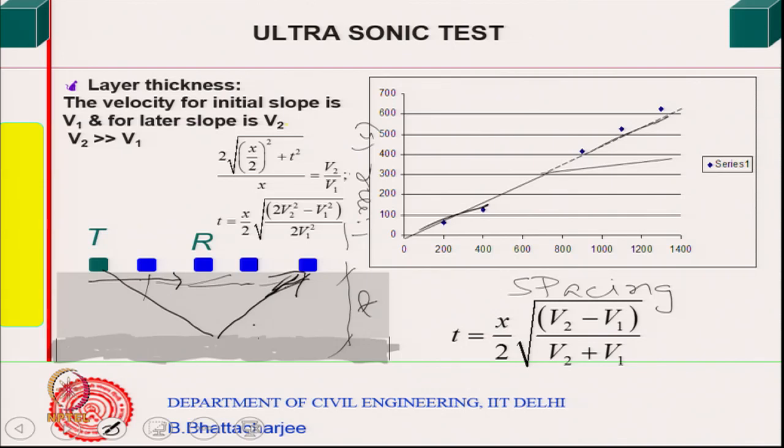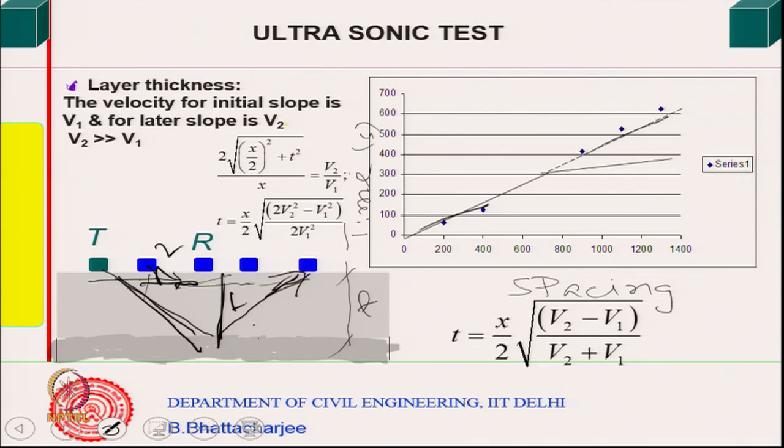Now, if the spacing is x, right, spacing is x. In this case it will be x square by t, and this is divided by, in this case it will be simply x, the travel distance is x.